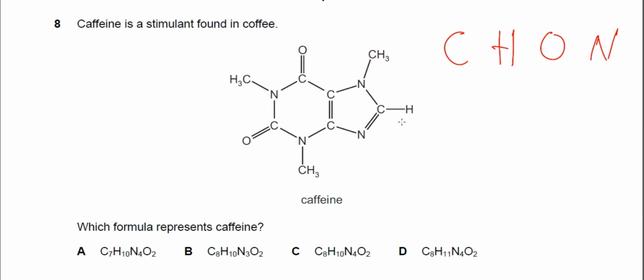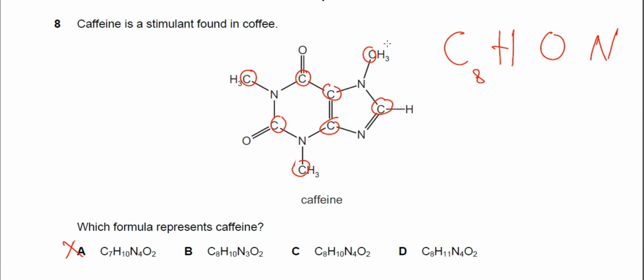Now just focus fully on carbon initially. How many carbons are there? 1, 2, 3, 4, 5, 6, 7, 8. So there are 8 carbon atoms. So option A is totally incorrect because it contains 7 carbon atoms. Now focus on hydrogen.